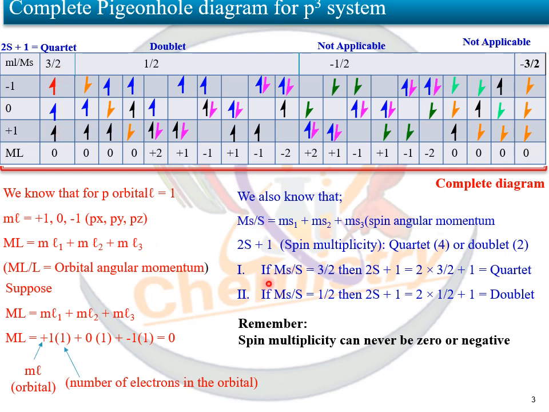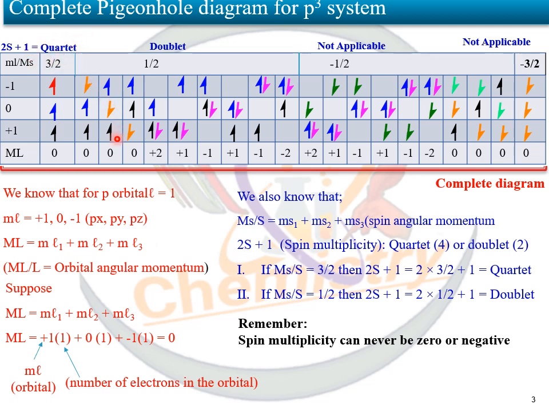How? You can see, 2S plus 1, by putting the S value, it will give us a quartet. That means 4, so the spin multiplicity is 4 over here. That is why we have written it as quartet.